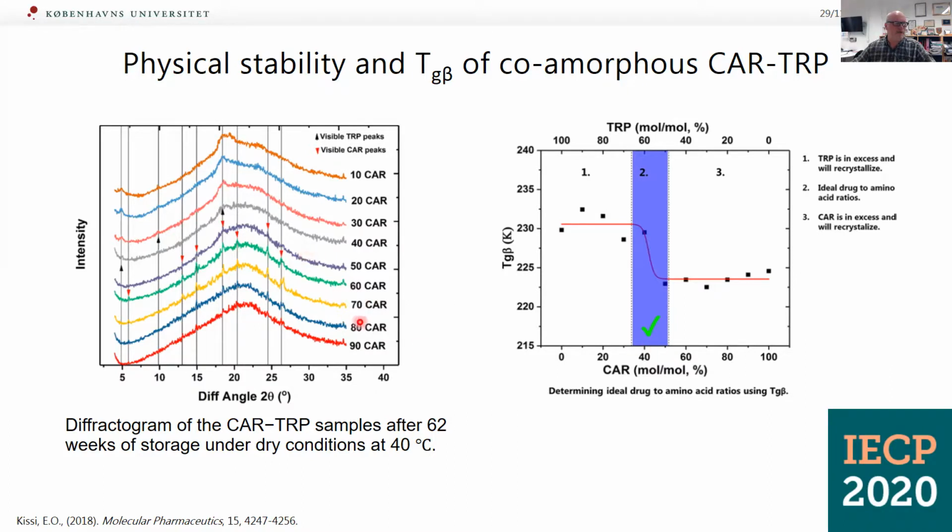And indeed, if we are putting those different co-amorphous systems on stability, we see that at higher drug concentrations, we get drug crystallization, and at higher amino acid concentration, we get amino acid crystallization, but the highest stability was at the optimal ratio around about 40 mole%.